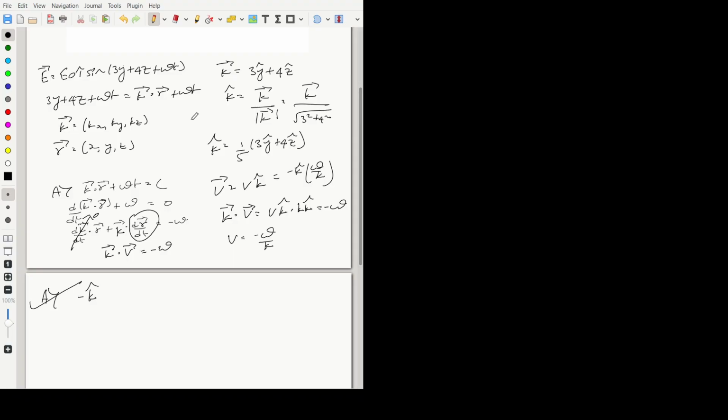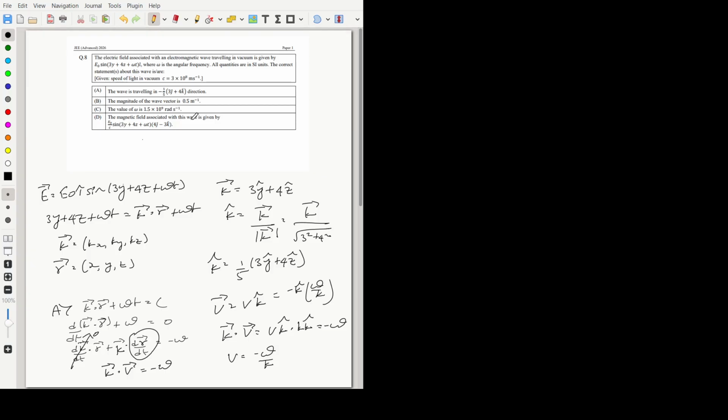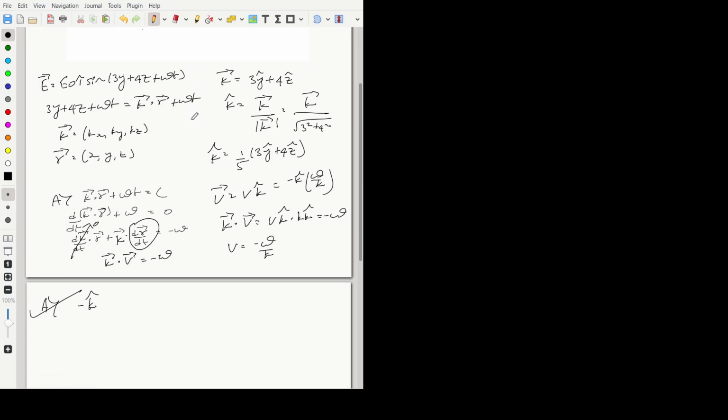Let me tell you another simple trick to answer such problems quickly. If your phase has plus omega t, then the direction in which your wave is propagating would be in the negative k hat direction.